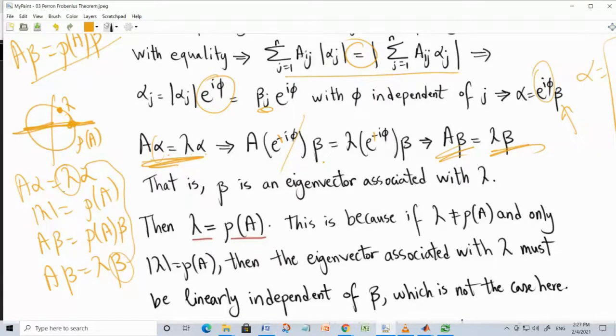It's a scalar multiple of alpha. So beta itself again is an eigenvector associated with lambda. So it must be the case that lambda is equal to rho of A. It's not just that the magnitude of lambda is rho of A. Lambda must be rho of A.